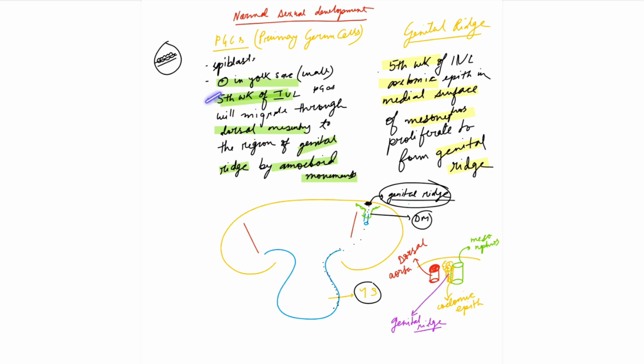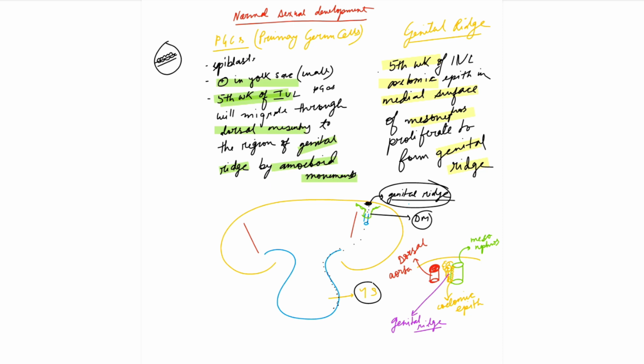During the 5th week of intrauterine life, they migrate from the yolk sac to the posterior abdominal wall with the help of the dorsal mesentery, to the genital ridge region, using amoeboid movements.